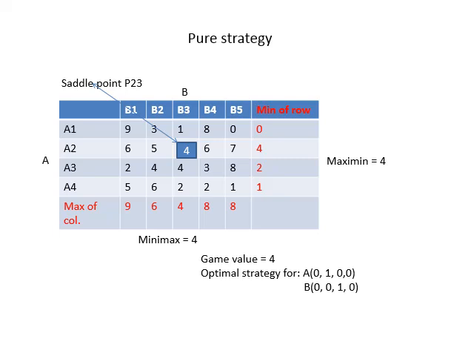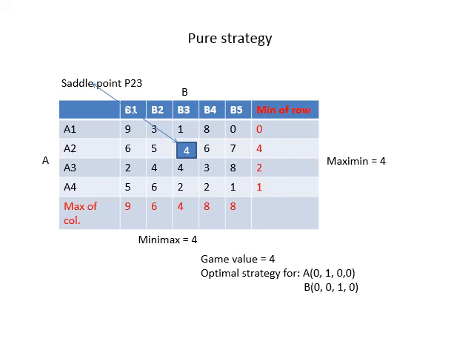The maximum value in column B1 is 9, in column B2 is 6, in column B3 is 4, in column B4 is 8, and in column B5 is 8 also. The minimum of all these maximums is 4. Then minimax equals maximin equals 4.